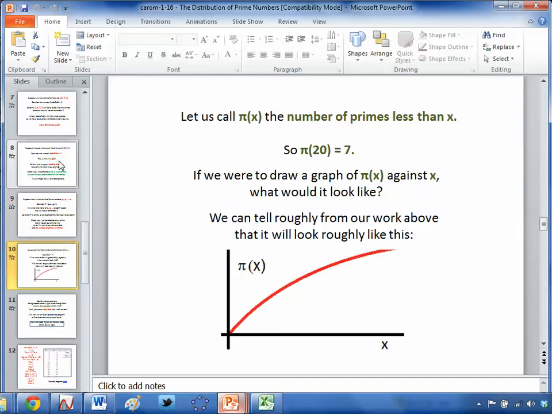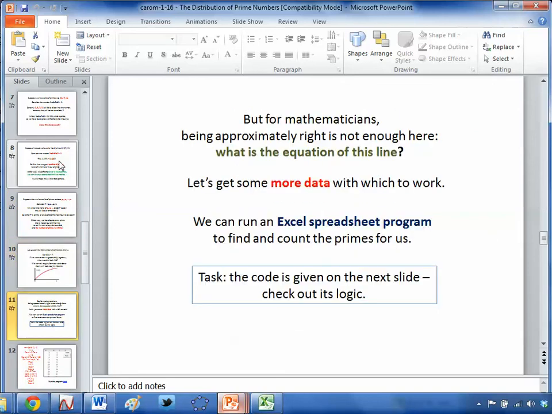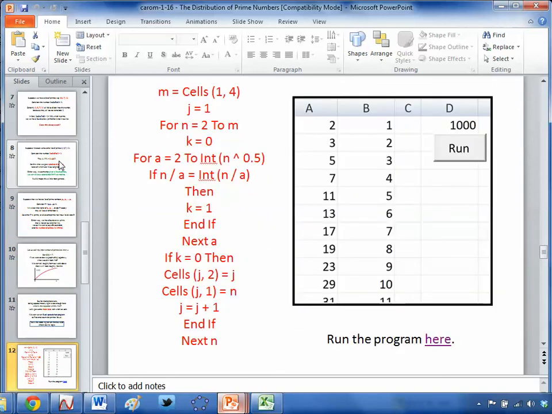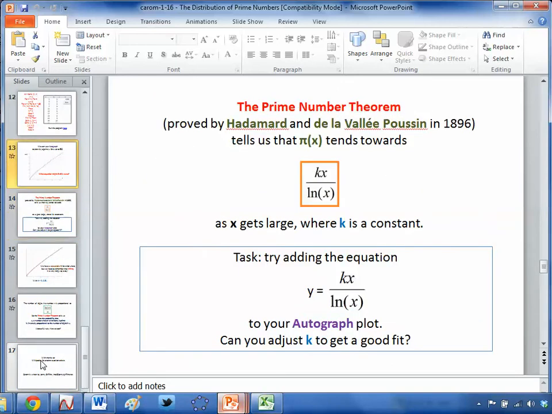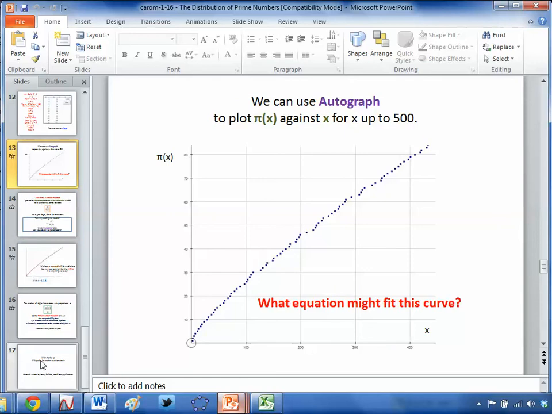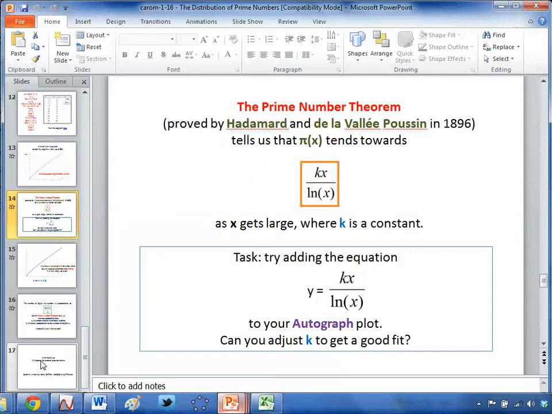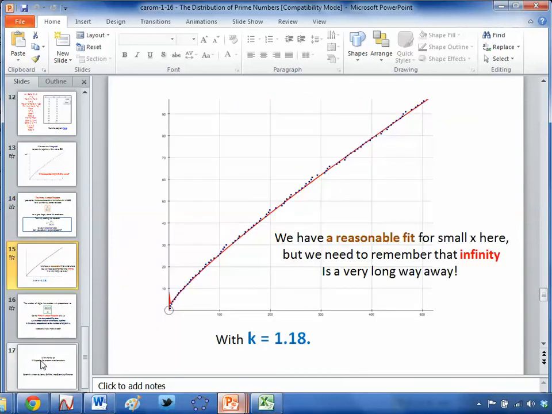But again, what's really nice is it's then linked together, not just with Excel this time, and we've got a program that can generate primes, and for students who are interested in coding, that'd be great stuff there. But then it also fuses that in with a bit of Autograph as well. If we plot all the prime numbers, is there a relationship there? Can we get something to fit the curve? And it's just brilliant, because it's not just your maths that's confined to the textbook, it's looking at the wider picture of maths, and where maths goes beyond A-level, which I think is so important.